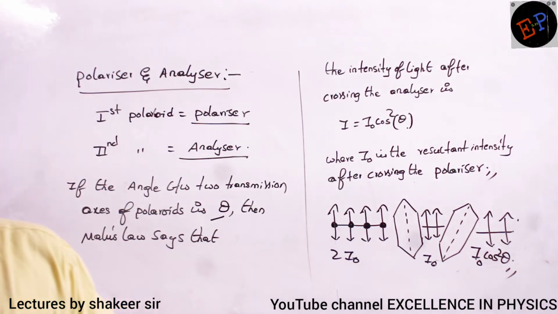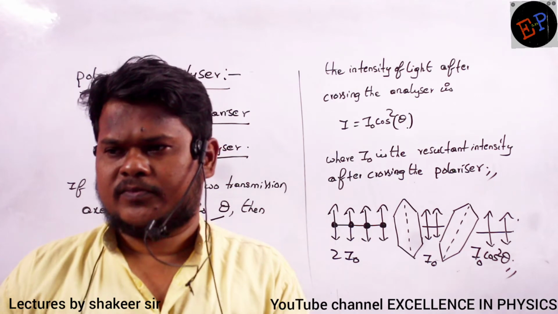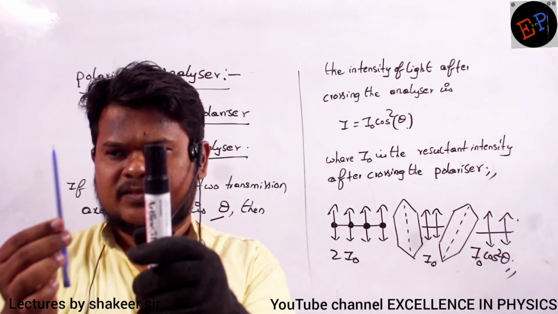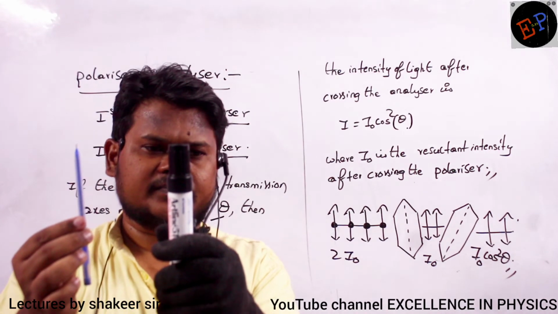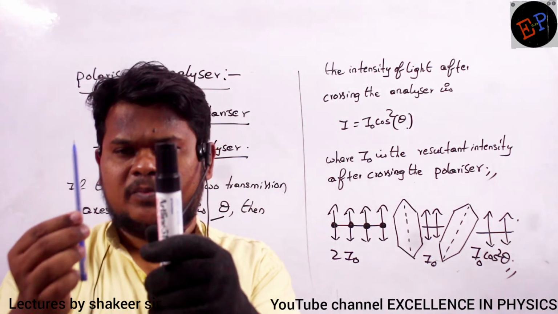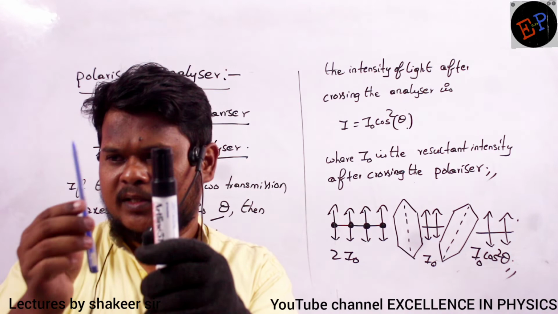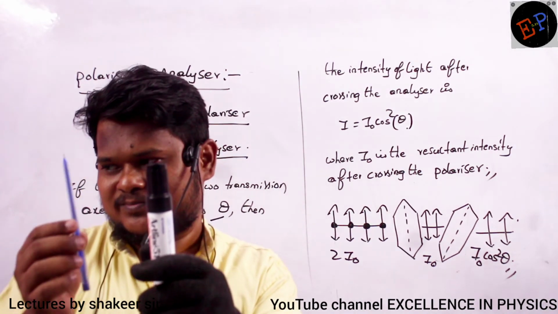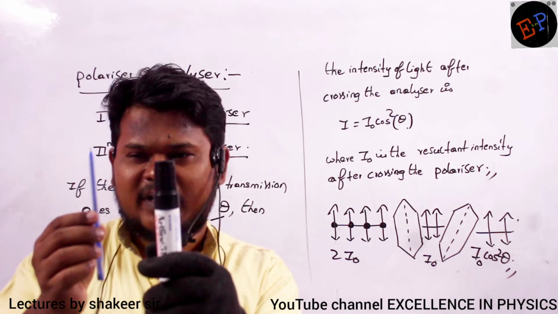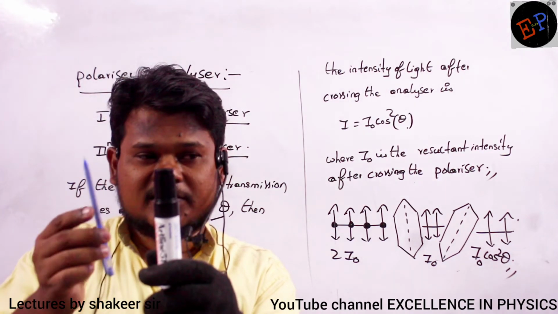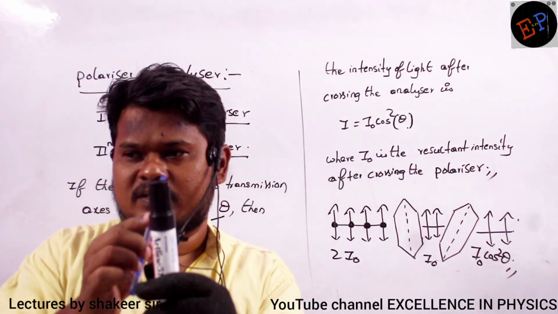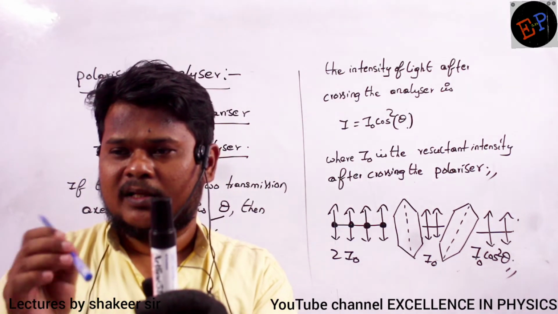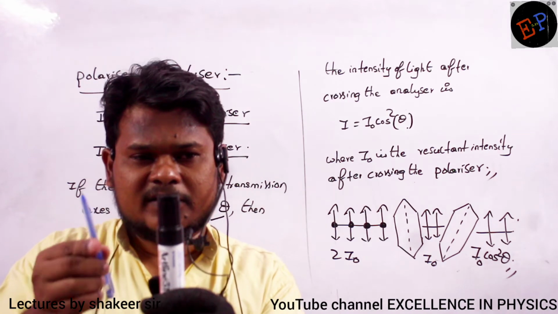So this is the transmission axis of one Polaroid, and if the second Polaroid is present like this, then they are present at what angle? 0 degrees, no? But if I bend this Polaroid by a small angle, that angle is called theta here. We are bending like this, in this direction. So that angle is the angle between the transmission axis of the first Polaroid and the second Polaroid. Are you able to understand ma?